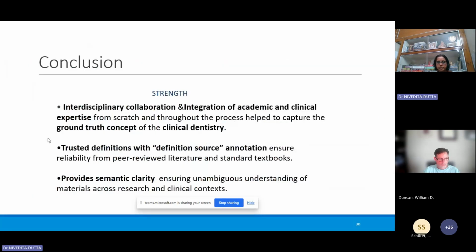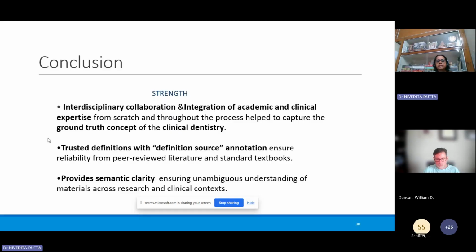So the conclusions are: it is an interdisciplinary collaboration from scratch. The dental domain experts are from both clinical environments and academia, so it helped to capture the ground truth concepts of clinical dentistry while maintaining the science.